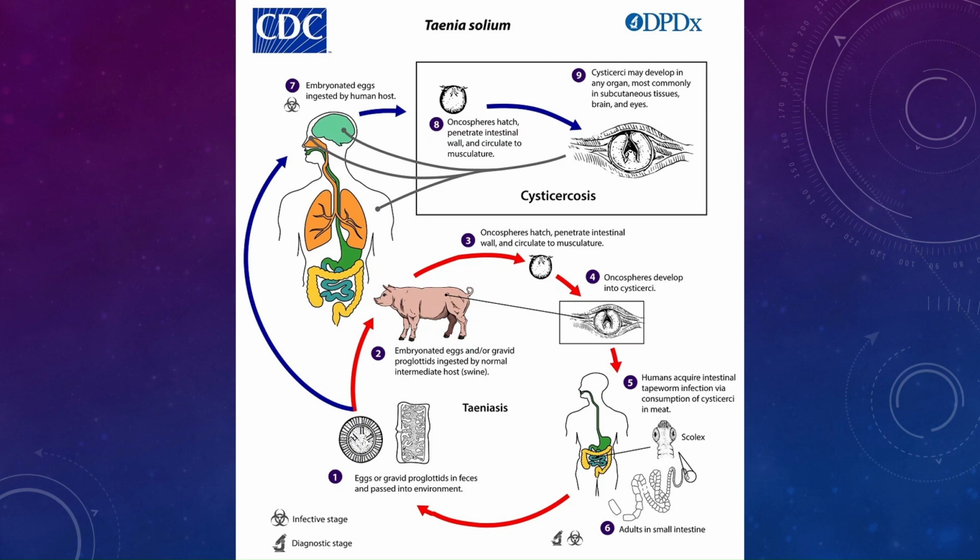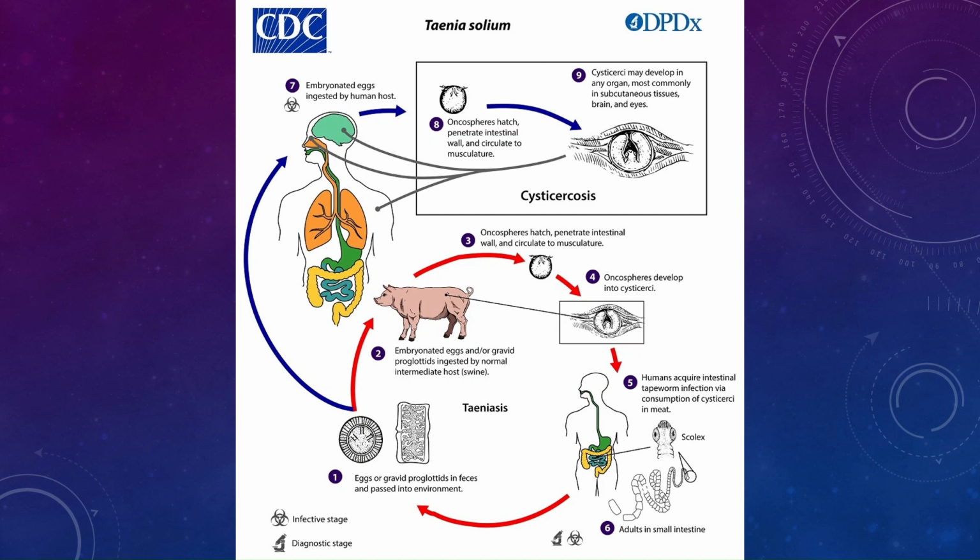Let's learn the life cycle of Taenia solium. Eggs or gravid proglottids in the feces passed into the environment. The embryonated eggs or gravid proglottids are ingested by normal intermediate host like swine or human host. The oncosphere hatches and penetrates the intestinal wall and circulates to musculature. The oncosphere develops into cysticerci.